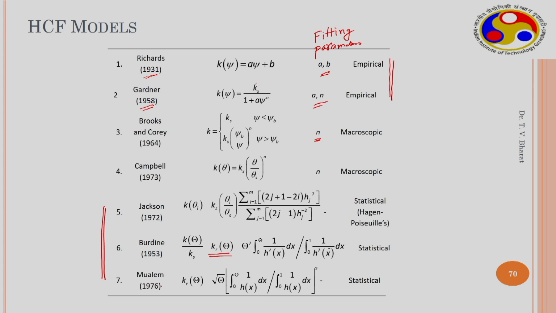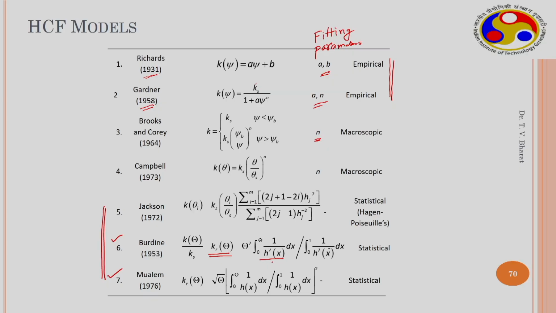The Mualem expression is also similar to the Burdine model. So these two expressions, Mualem and Burdine, are very often used in geotechnical engineering as well as in soil science literature. Here, for estimating the hydraulic conductivity function from the soil water characteristic curve data, we require a continuous function of h of theta.